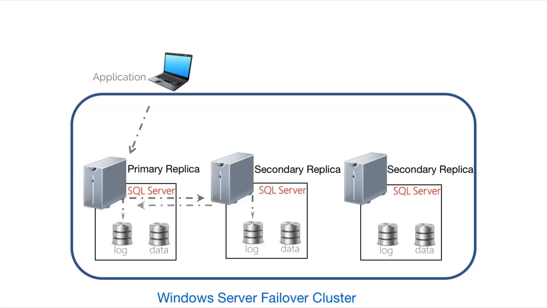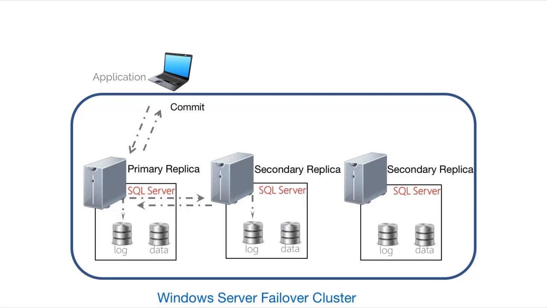Alongside with that, the primary replica will then send the transaction log records to the secondary replica, and the secondary replica has to write those transaction log records on its own LDF file. When that's done, the secondary replica will have to then tell the primary replica, hey, I've already written my transaction log records on disk. You can go ahead and tell the client application we're all good.